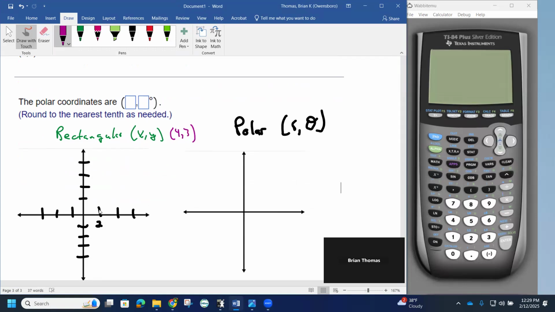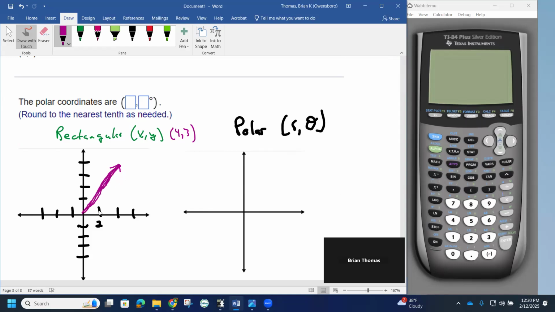So if I graph this, 2, 4, 6, 7, then the vector would be there. The vector travels from this position to this position. So this is our vector.